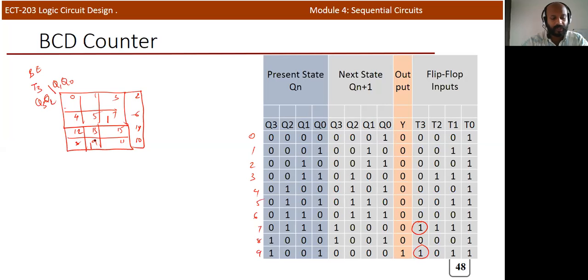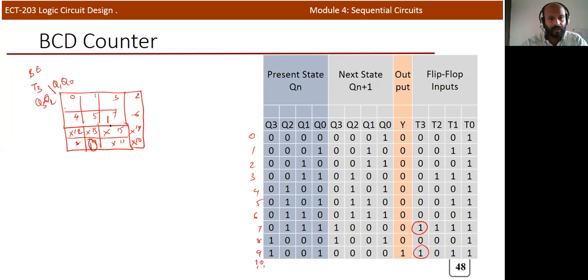So two possibilities, and the other cases which we discussed, from 10, 11, 12 and so on, you need to consider as don't care conditions. From 10 to 15 is a don't care condition.